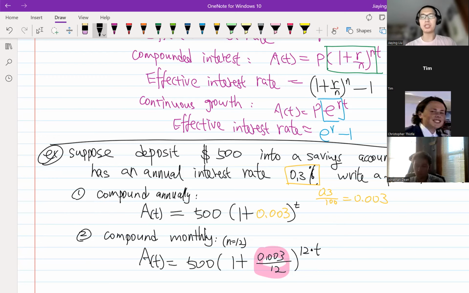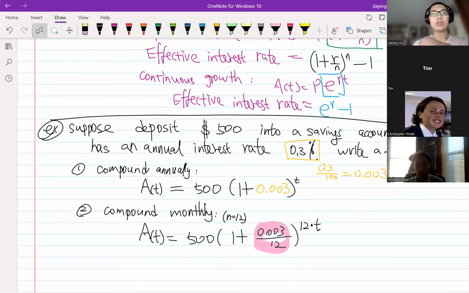We always keep t as the number of years if we're given the annual interest rate. So the exponent 12t is how many months in t years. Any questions? You can think about this as a monthly rate.